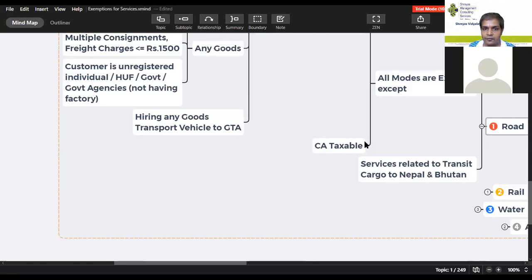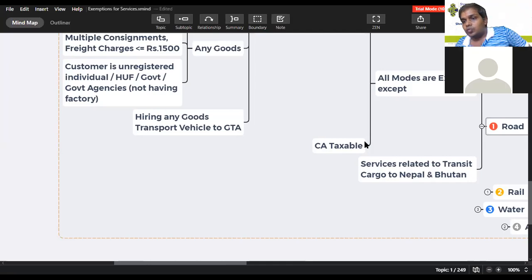Next one, air freight charged from XYZ Limited for transport of goods from Dubai branch to Sydney branch. We have a mixed response, about 50-50%, 44% and 56%. Technically speaking, there's no specific exemption given in this context. The government has not given any exemption specifically in this criteria. So even if it is from one to another, technically the supply itself is happening outside India. Going by the exemption list, it is taxable.